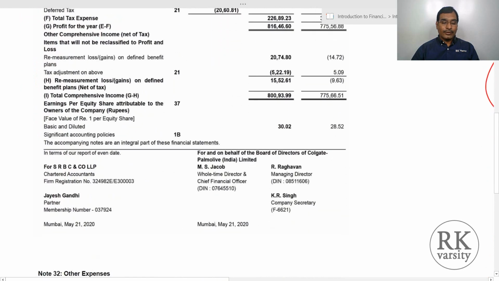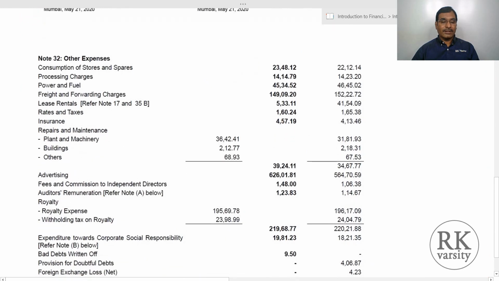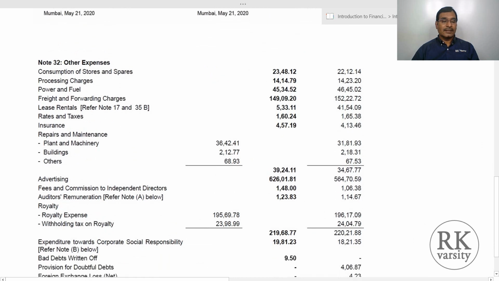If you go with a more detailed description of other expenses, here we can see the consumption of stores and spares, processing charges, power and fuel, freight and forward charges, lease rentals, rates and taxes, insurance. Then you have maintenance for plant and machinery, building and others. So these all are direct expenses or other expenses that the company incurs.